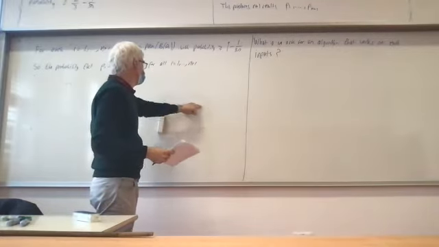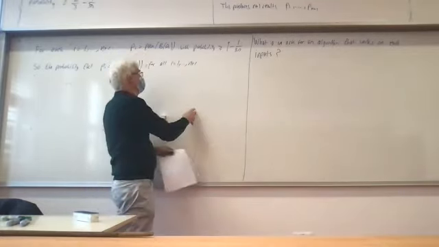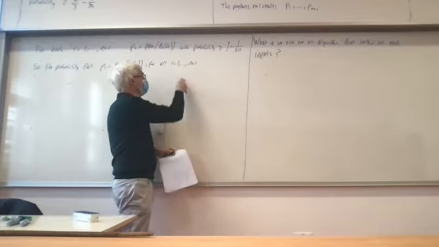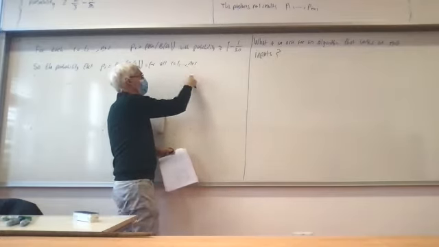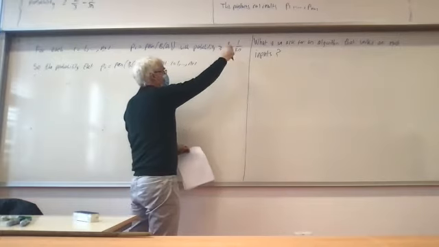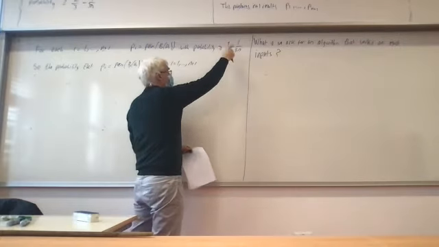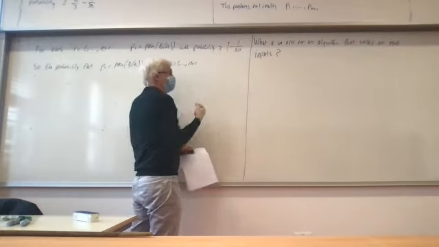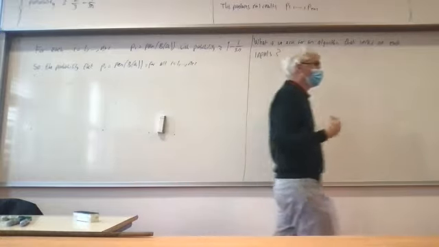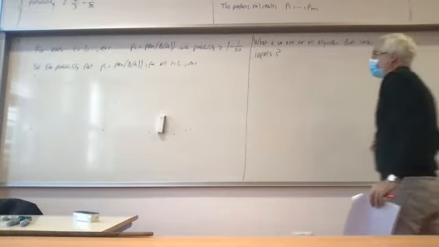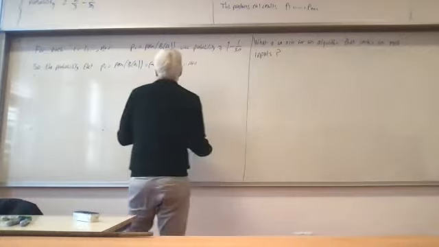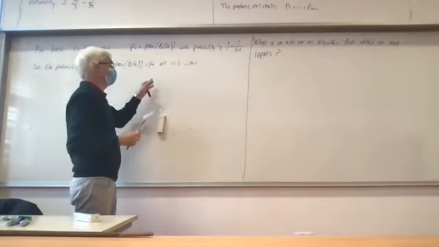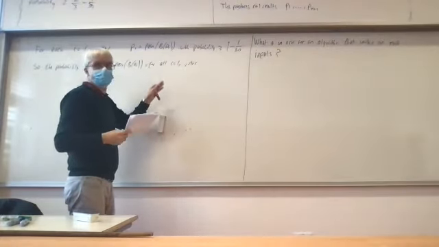So the probability of getting an error on at least one of them is at most n plus 1 times the probability of an error on any one of them, which is 1 over 3n.